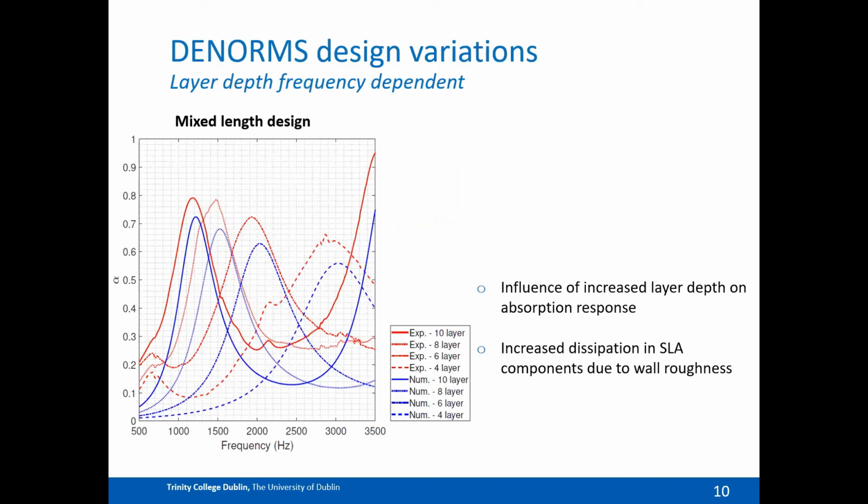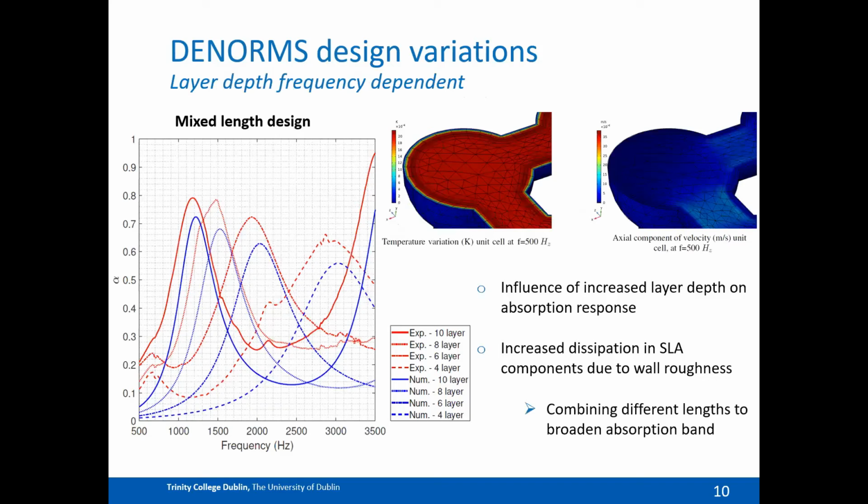Then, basically by combining different lengths together, you broaden your absorptive peak. The space-coiling design was inspired by the influence of the layer depth on the frequency response. You can see the thermal and viscous boundary layer profile at 500 Hertz for different combined lengths.